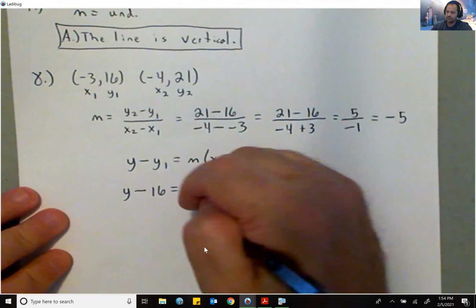Plug in 9 for x. That's absolutely right. All you're going to do is plug in the 9 and let the calculator do all the work. So 1,900 times 9 plus 25,800. What'd you guys get?